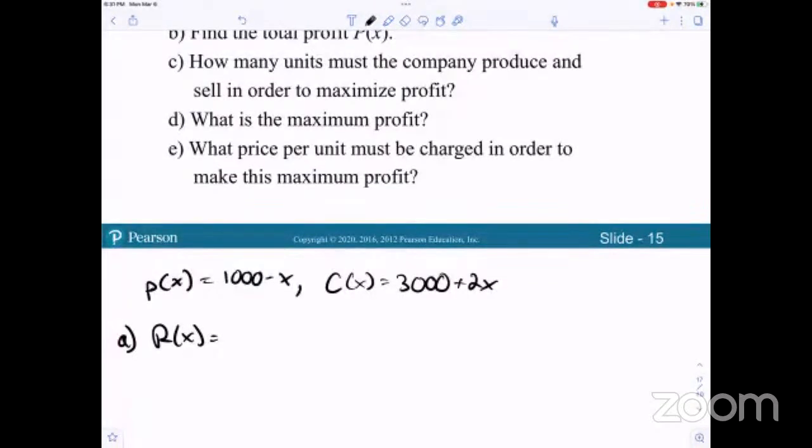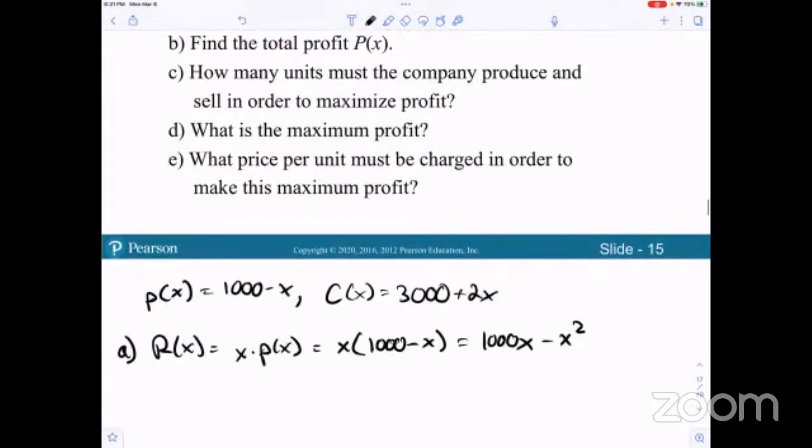Then this is X times 1,000 minus X, which becomes 1,000X minus X squared. All right, so we got our revenue function. Let me highlight it.